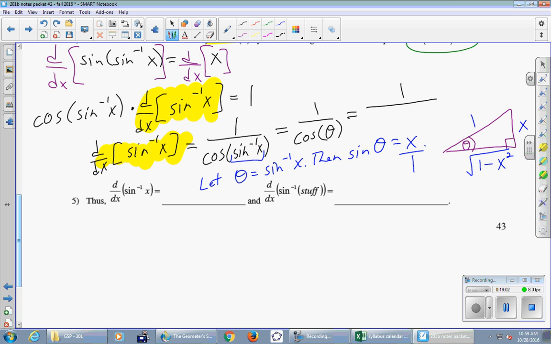What are we putting for adjacent? Square root of 1 minus x squared over the hypotenuse. Adjacent over hypotenuse. And so our final answer, 1 over square root of 1 minus x squared.